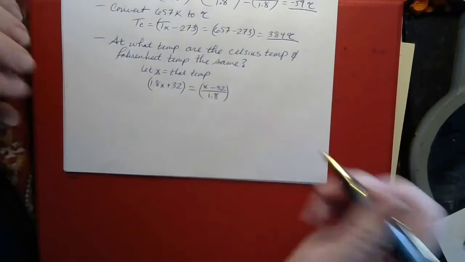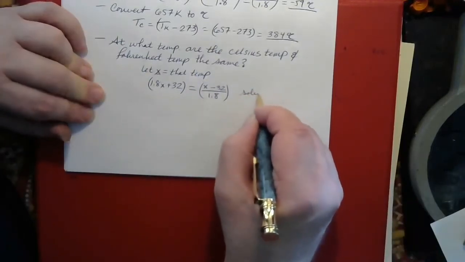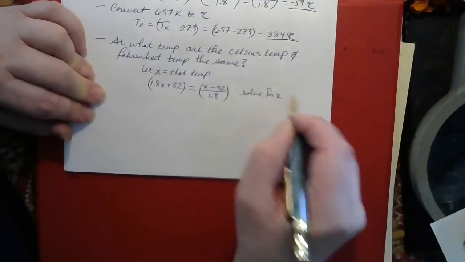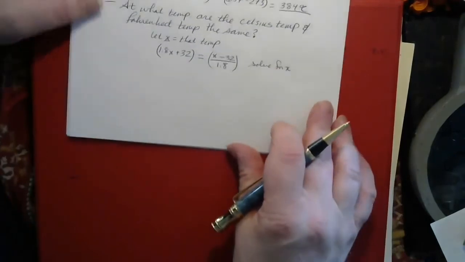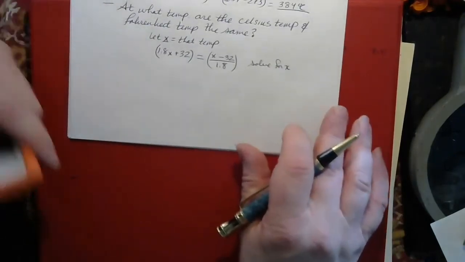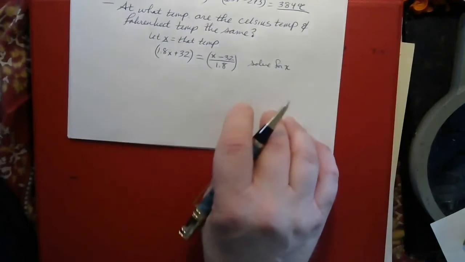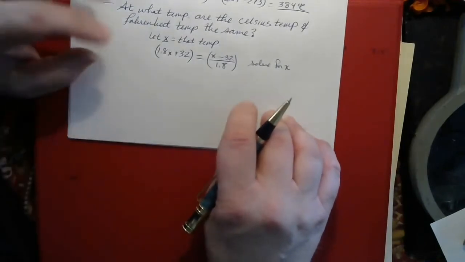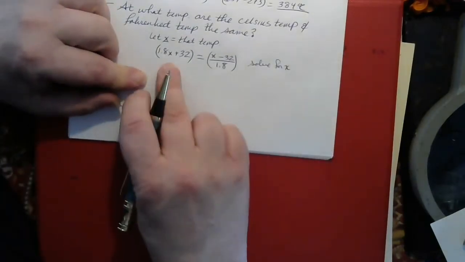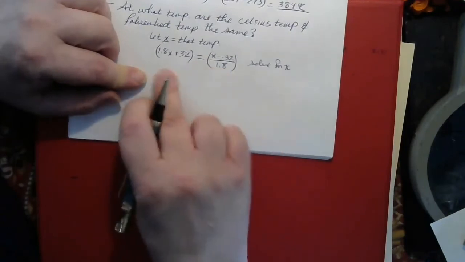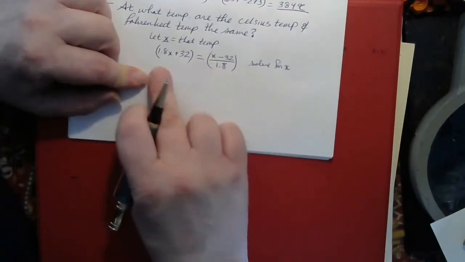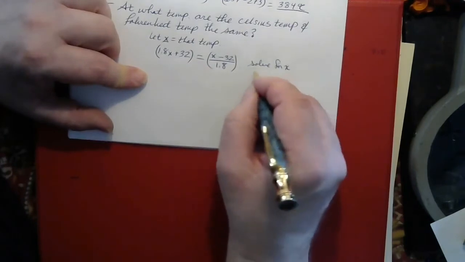And so now all we have to do is solve for X. Famous last words, I know. What you have to do in this case is pick one of the two X's, or get both of the X's on the same side of the equation and all of the numbers on the other side.